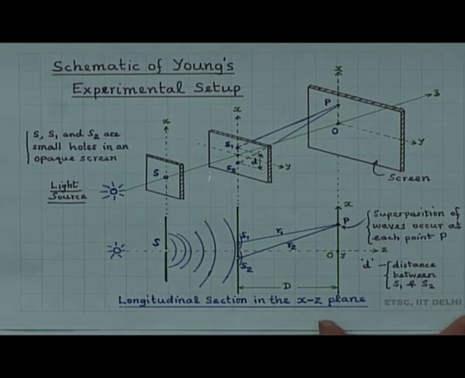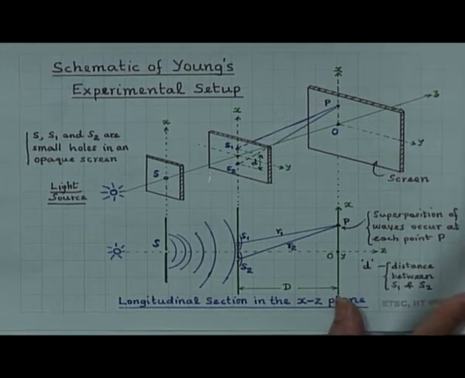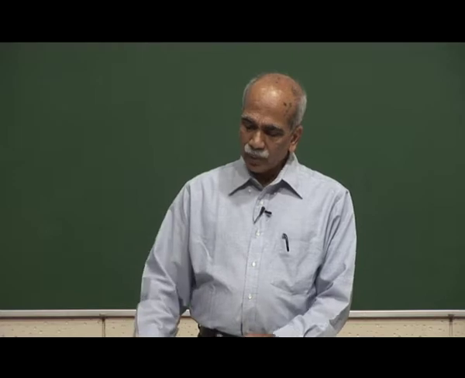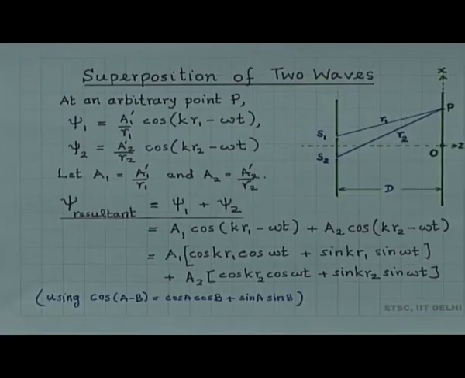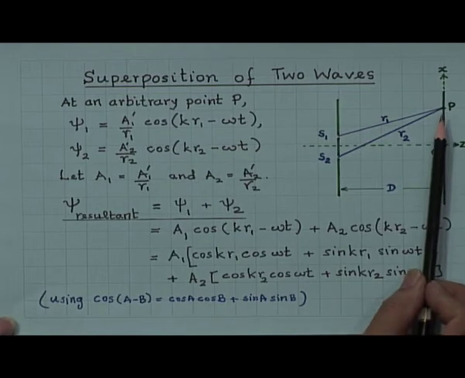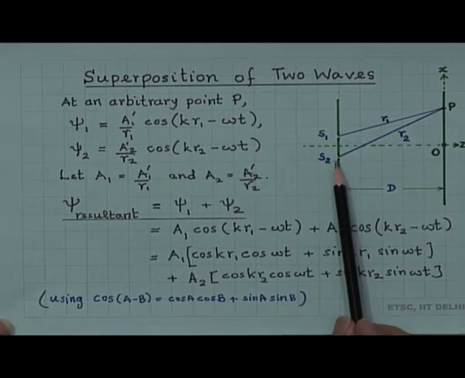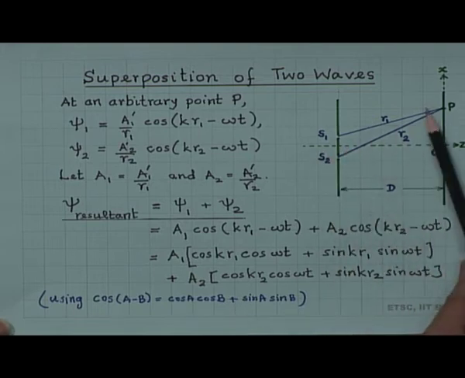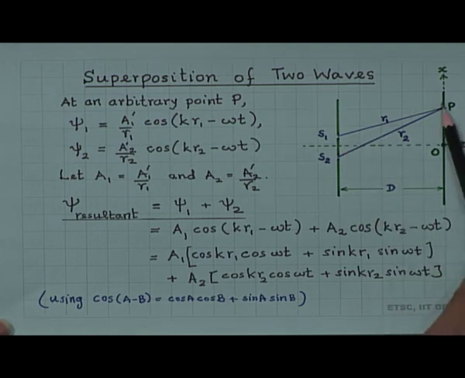Okay. So, we will now discuss the superposition of waves to determine the interference pattern. At an arbitrary point P, these are the 2 point sources S1 and S2. At the point P, the distance S1P is R1 and S2P is R2.